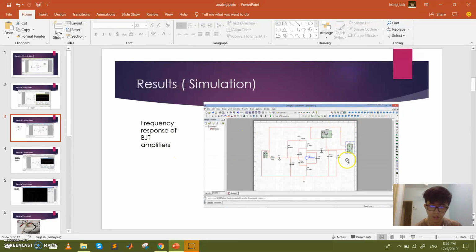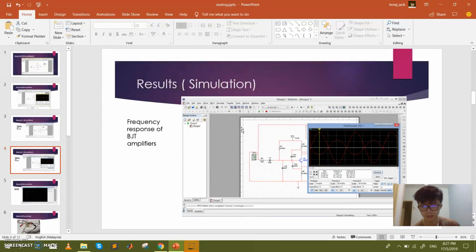As you can see, it is much more complicated than the one before, where we have additional capacitors. And this is the Bode plot that will be shown later. This is the oscilloscope. This is the AC. This is the DC.